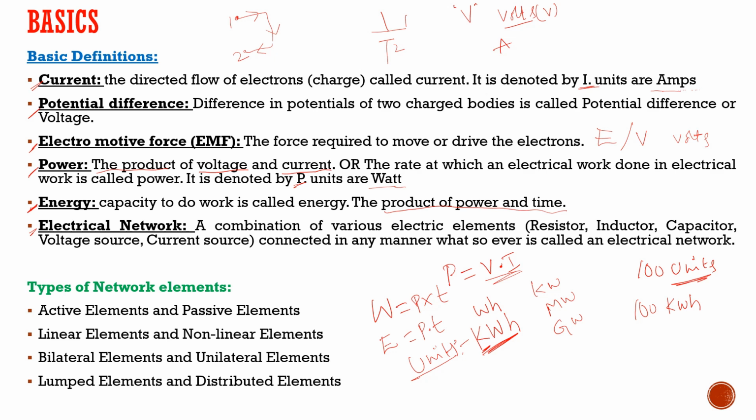See, 100 kilowatt hours of energy we have used during this month. Kilo, you already know, means 1000, watt is power, H means hours. So power into time will give our energy. So this is how generally the energy is calculated. So kilowatt hour is the unit we generally use. Of course, watt hour is a general unit, as are kilowatt hours, megawatt hours, gigawatt hours. So all these are the different units of energy.